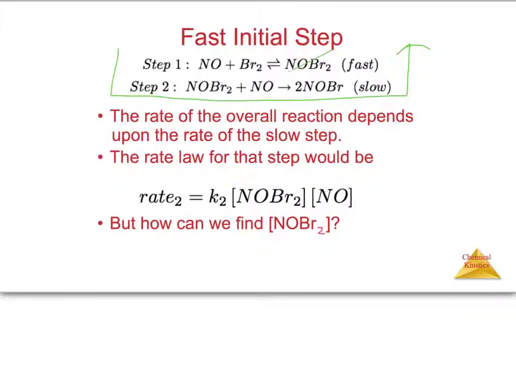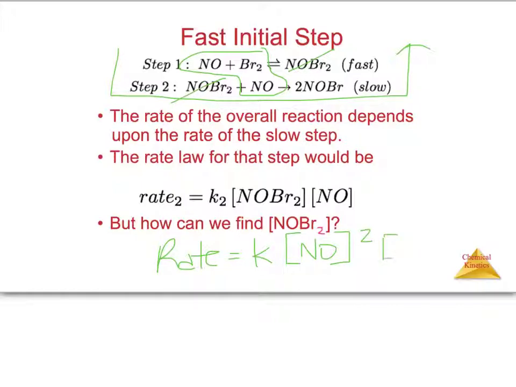So I'll cancel out the NOBr2, and all I'm going to use are my reactants. That's all we have left, and so I come out with my rate law being rate is equal to K, NO second order and Br2 first order. And that's the rate law that was experimentally determined and we saw on one of the previous slides.